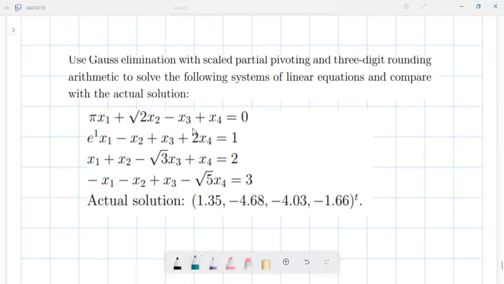The solutions we get may not be accurate, but they must be close enough to the actual solution which is given.